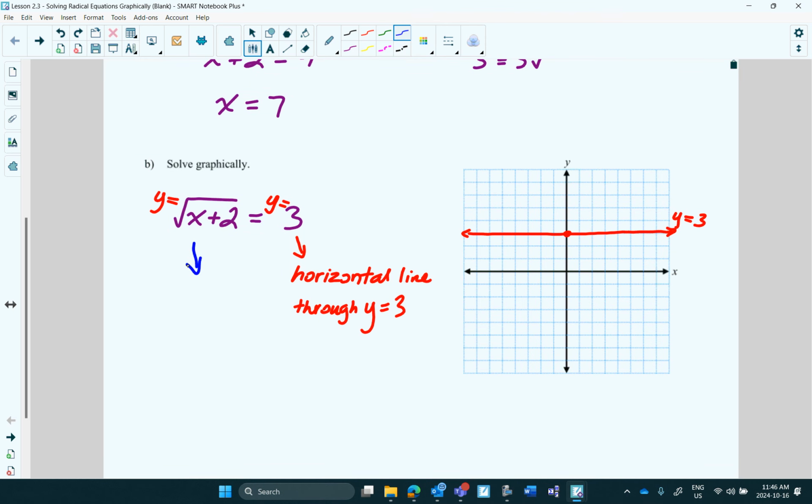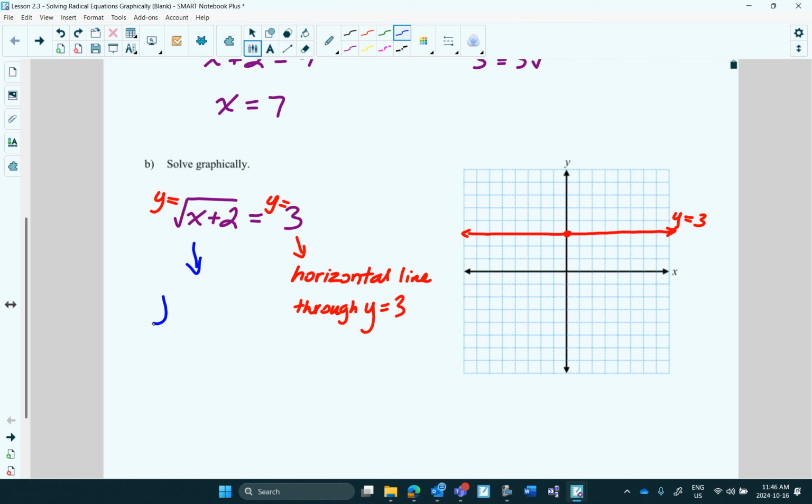This one. How do I graph y equals root x plus 2? How do I graph y equals root x? Is it that? 0, 0, 1, 1, 4, 2. But this tells me to do what to it?